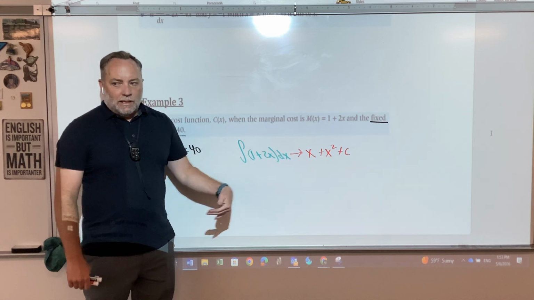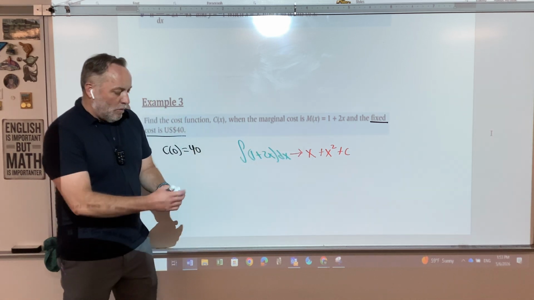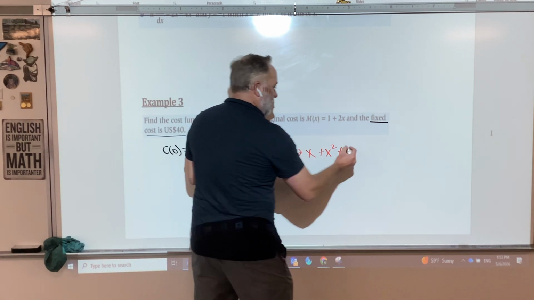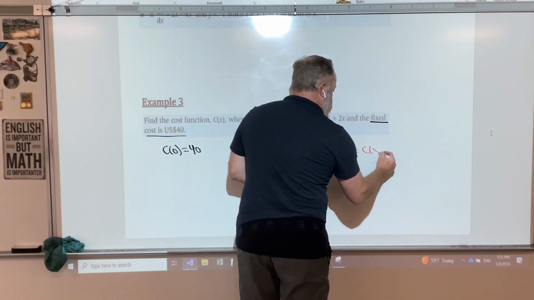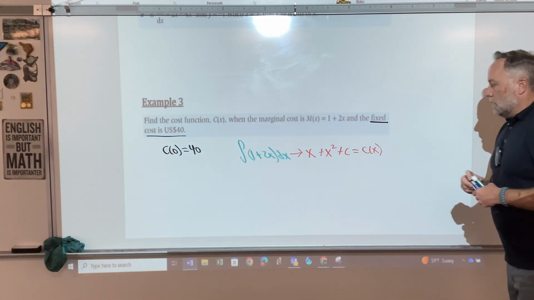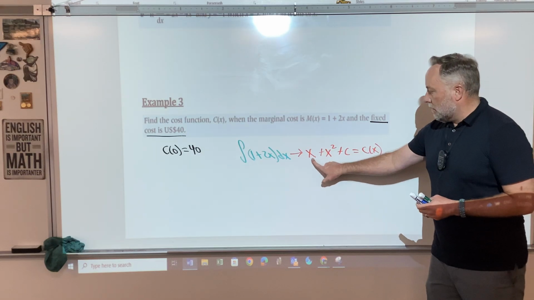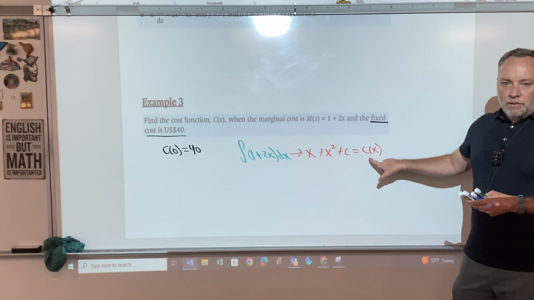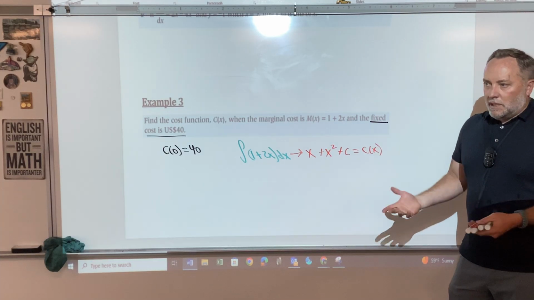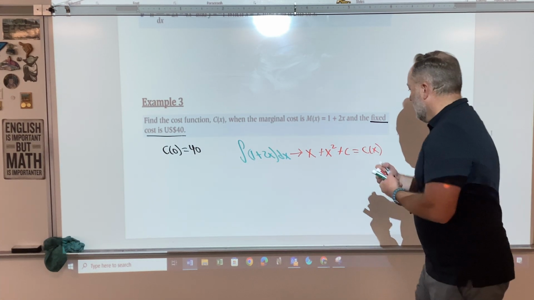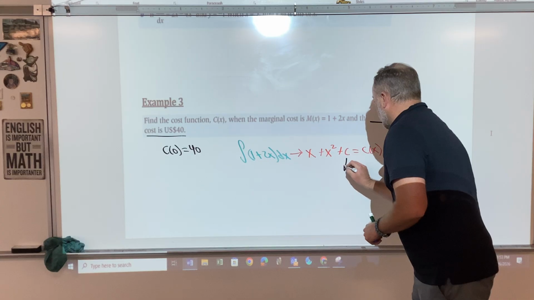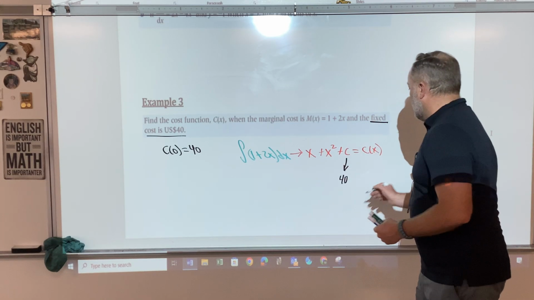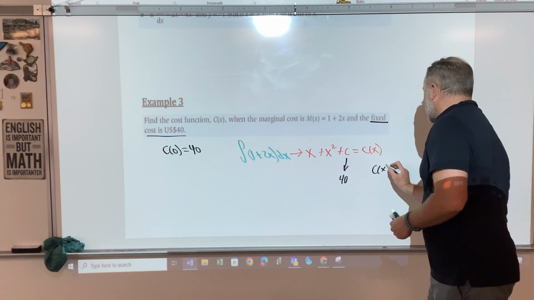It's handing you the constant, because we just found this to be the cost equation. If we plug in 0, it's 0 plus C is equal to 40, which means C equals 40. So C is equal to 40, making our cost equation exactly what we see there.